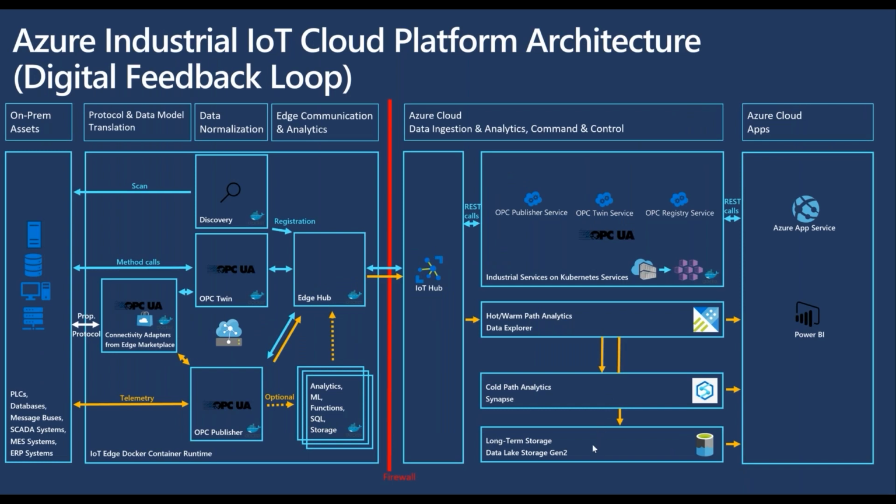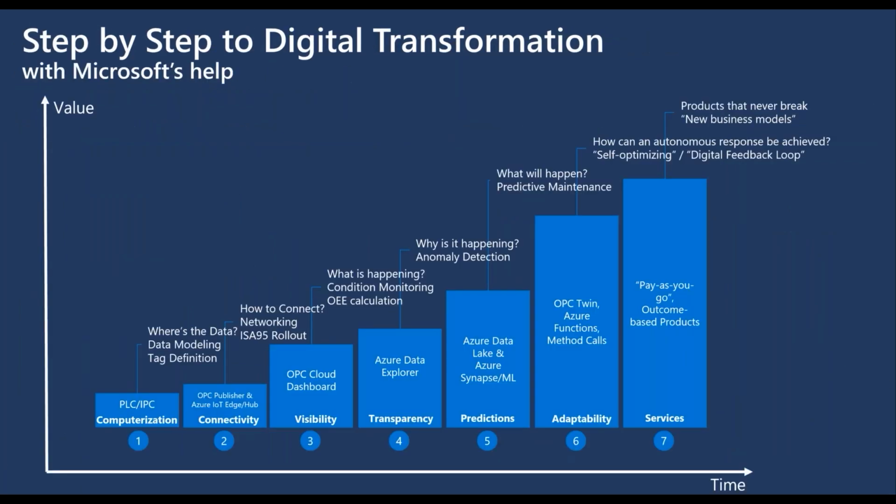And of course, if you want long-term storage, which is a good idea for your telemetry data, you have Azure Data Lake available as well. And then for the apps, you can use your own dashboards or Power BI or a combination of both.